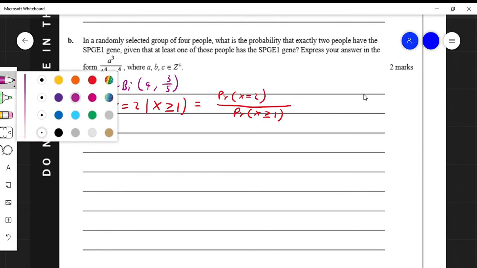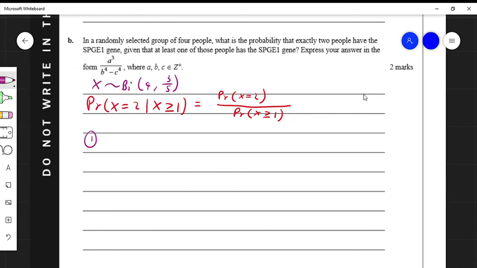So first I'm just going to work out the probability x equals 2. I'm going to use the formula from before. So we get 4 choose 2 times 3 on 5 squared times 2 on 5 squared.